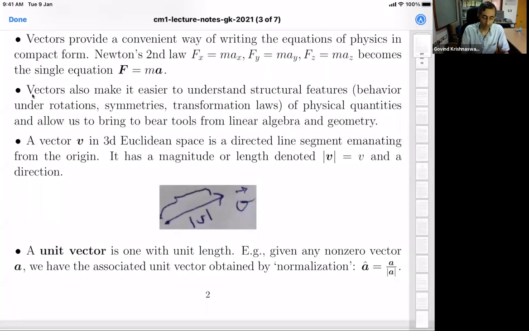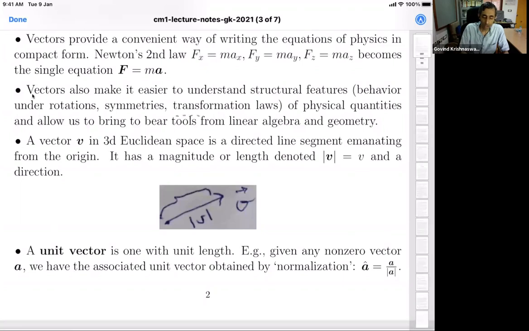So for example, the behavior of things under rotations, it's very hard to understand it if you write 5 equations when you can compress it in one and see how it changes. How symmetries like rotations or translations or reflections and such things are implemented. It's easier to see them in vector notation.